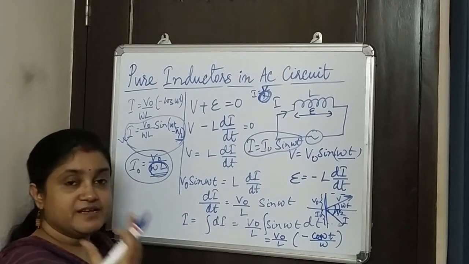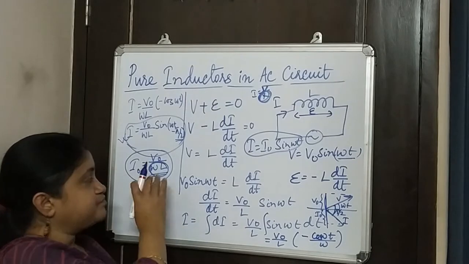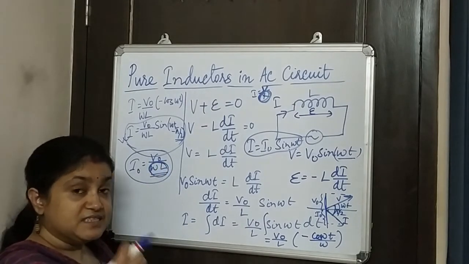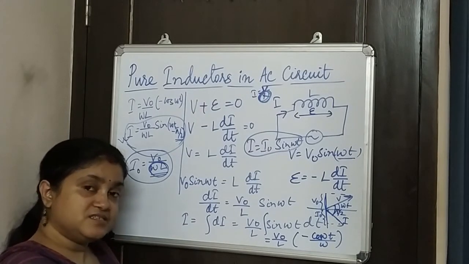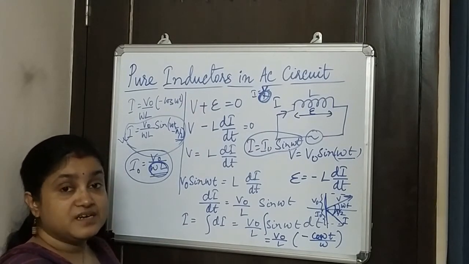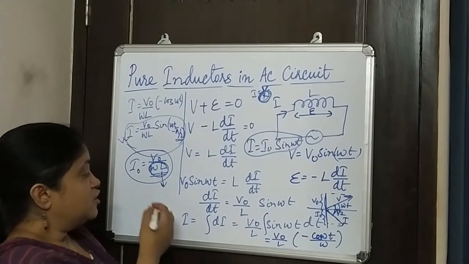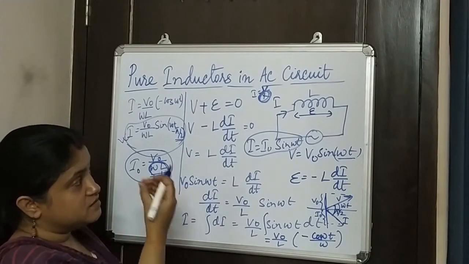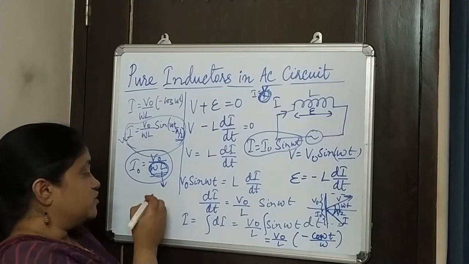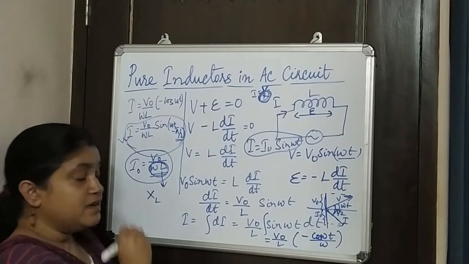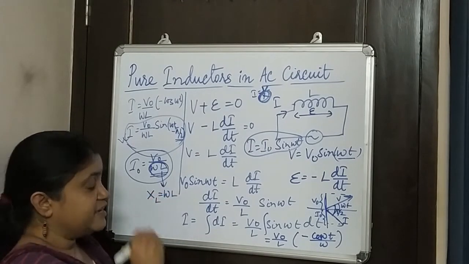So just as in a resistor there is a resistance, in the same way omega into L in inductor circuits acts as a resistive element, or stops the current. This is called the reactance, right? This is the inductive reactance, which is denoted as XL. So this XL is given by omega into L.